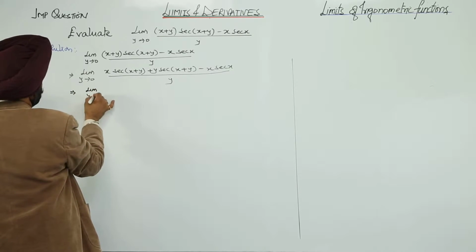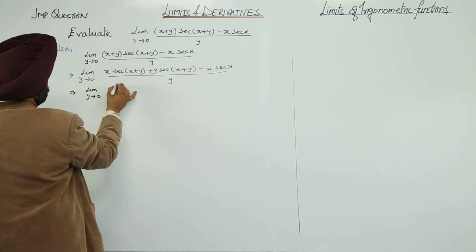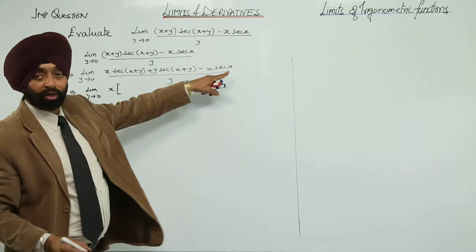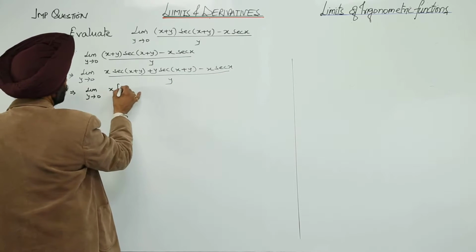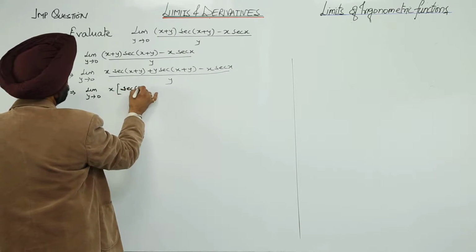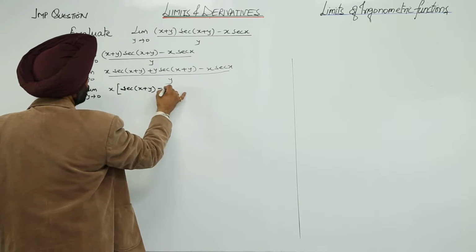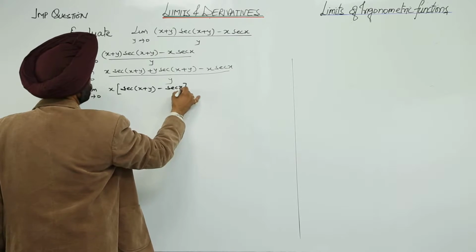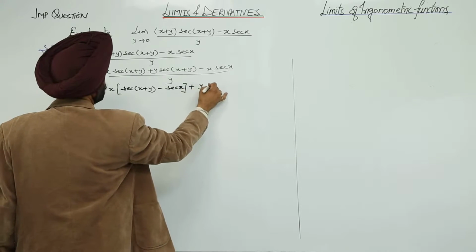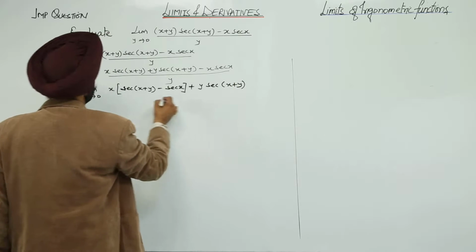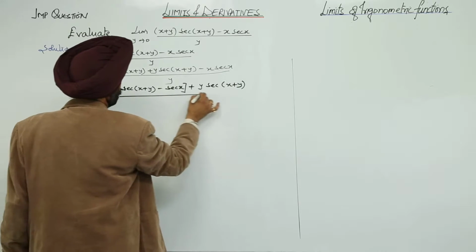Limit y approaches 0. Now I am taking x common from this part and from the last part. So we are having x times secant x plus y minus secant x, plus y secant x plus y, upon y.